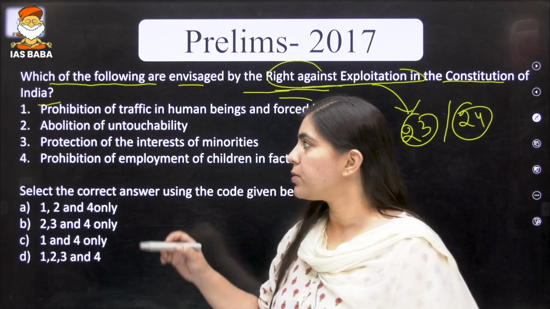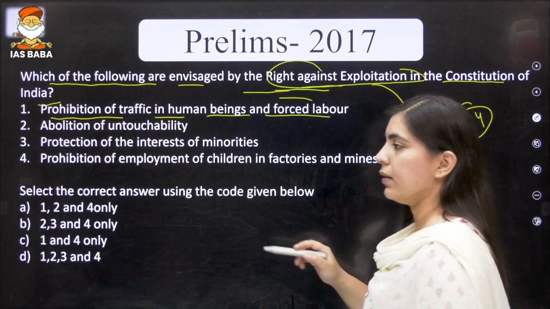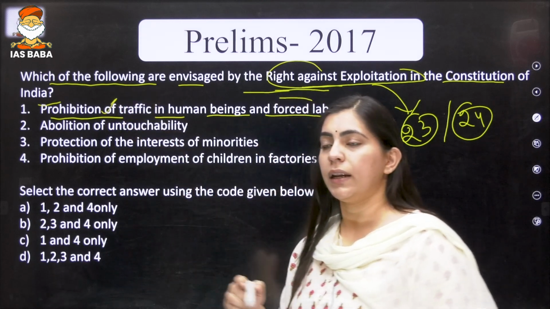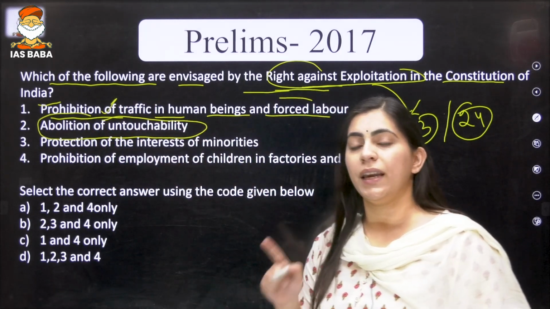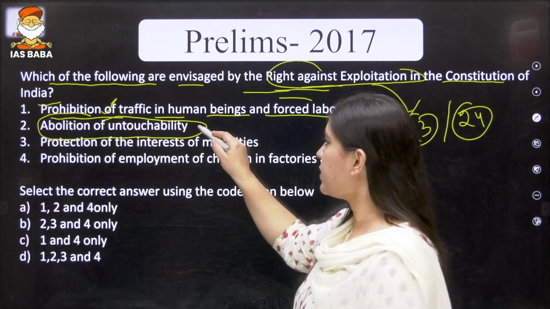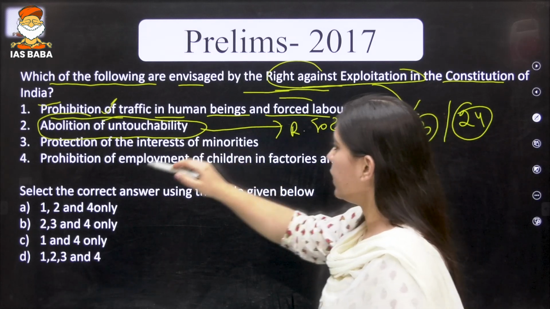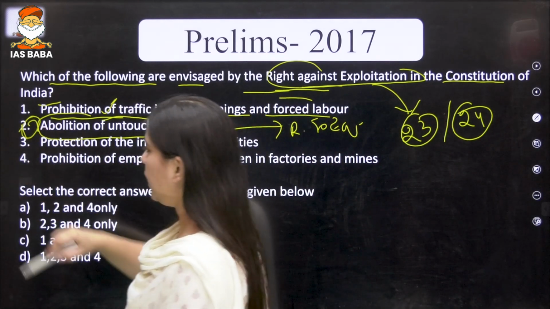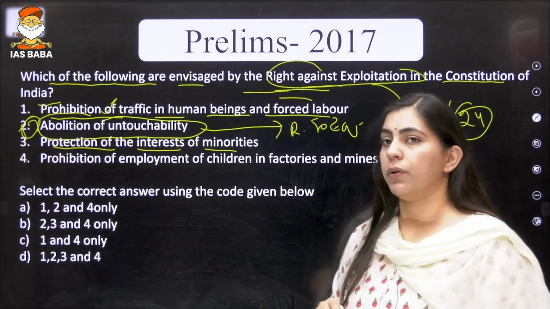right? So first we'll be reading the first statement, that prohibition of traffic in human being. Yes, it is the part of right against exploitation. Whereas abolition of untouchability, it is not again coming under exploitation, but it is under right to equality. It is the Article 17 of the Indian Constitution. Next is protection of the interest of minority.